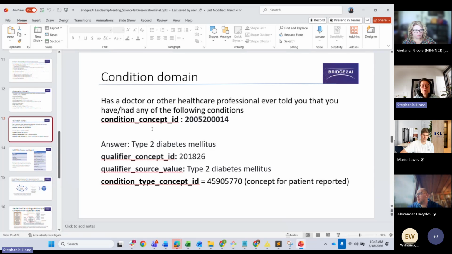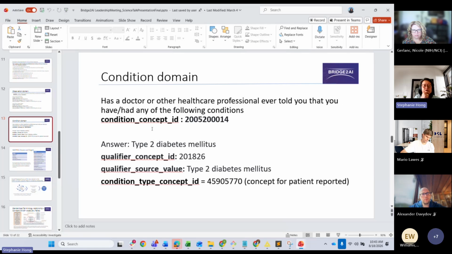But if the response to that question was actually resulting in a particular condition, like you said, hyperglycemia, or in our case, type 2 diabetes, we also put in the condition. We dual map. So you would have 2 rows for that response. If the answer was yes, resulting in a condition, we also put it in the condition domain, saying that this condition was self-reported.